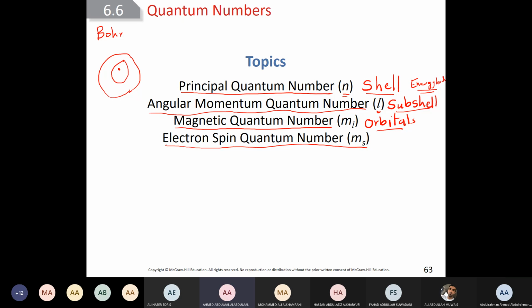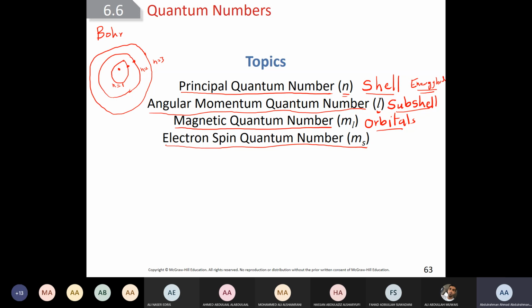n equal to 2, n equal to 3. And the electron can jump from one level to another level, without going in the middle, just like going upstairs. It can jump from here to here, and to 4, to 5, to 6, to 7, to 8, to whatever.